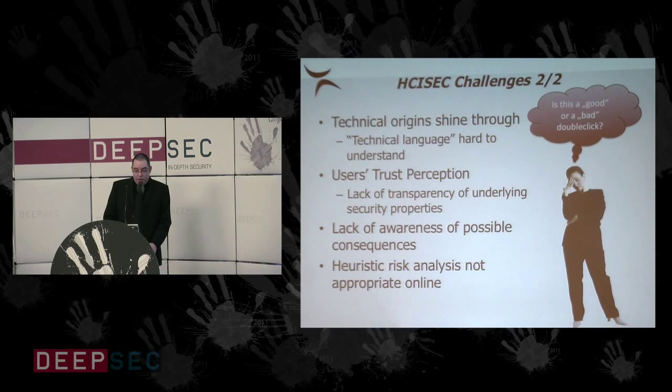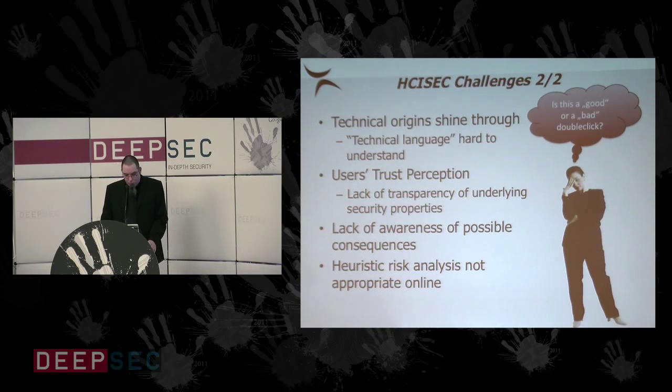Yeah, the technical wording, I am repeating it very often because this is really one of the greatest problems. The technical language is very hard to understand. The thing is also the user's perception of trust. We very often see a lack of transparency of the underlying security properties, so users cannot really build up trust in security solutions. So the solution for the end user is then just to not use it.